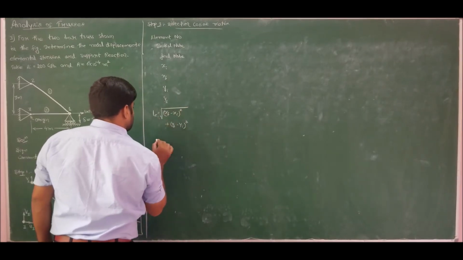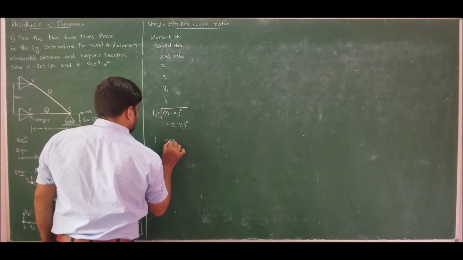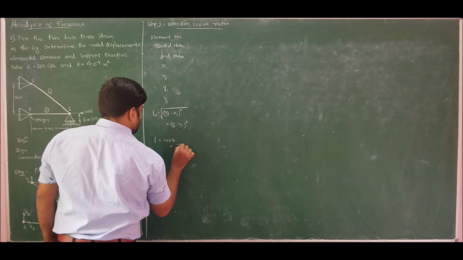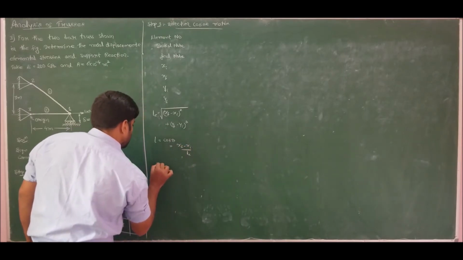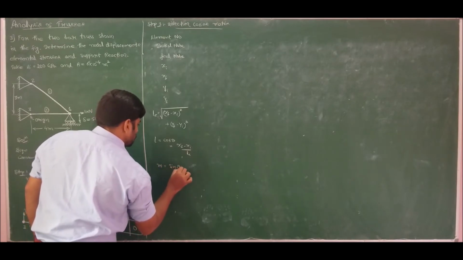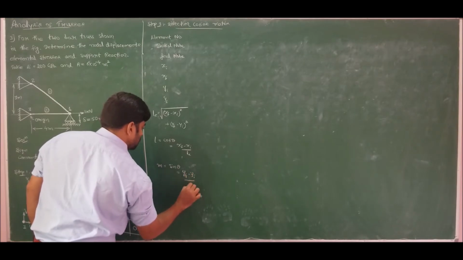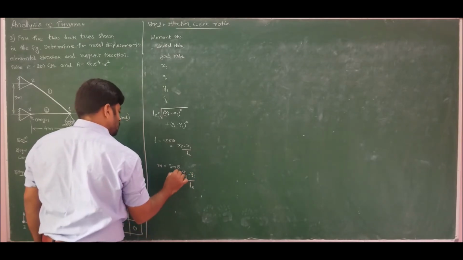Next we have l equals cos theta, which is equal to (x final minus x initial) by the length of the element, and we should find sin theta, m, which is equal to (y final minus y initial) by the length of the element.